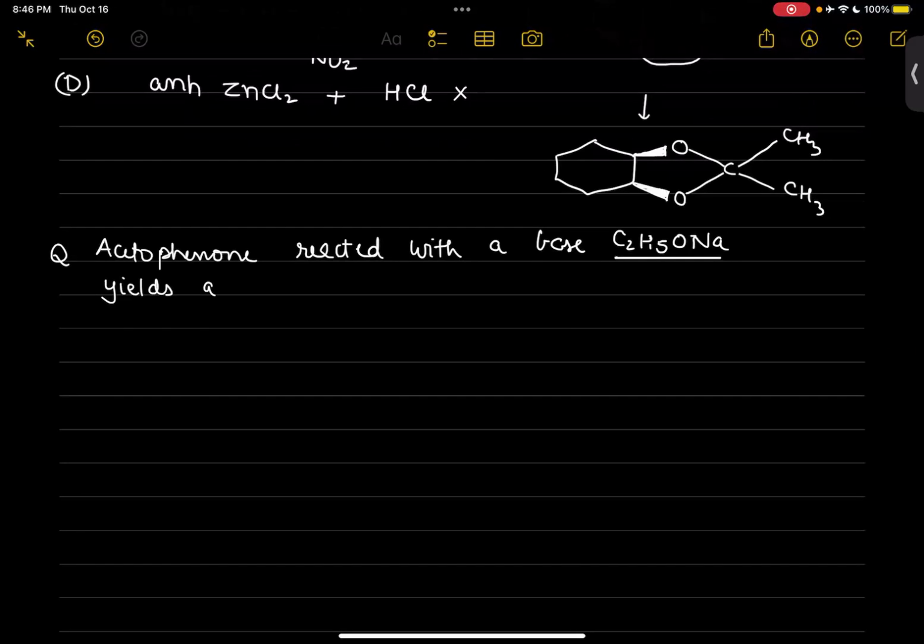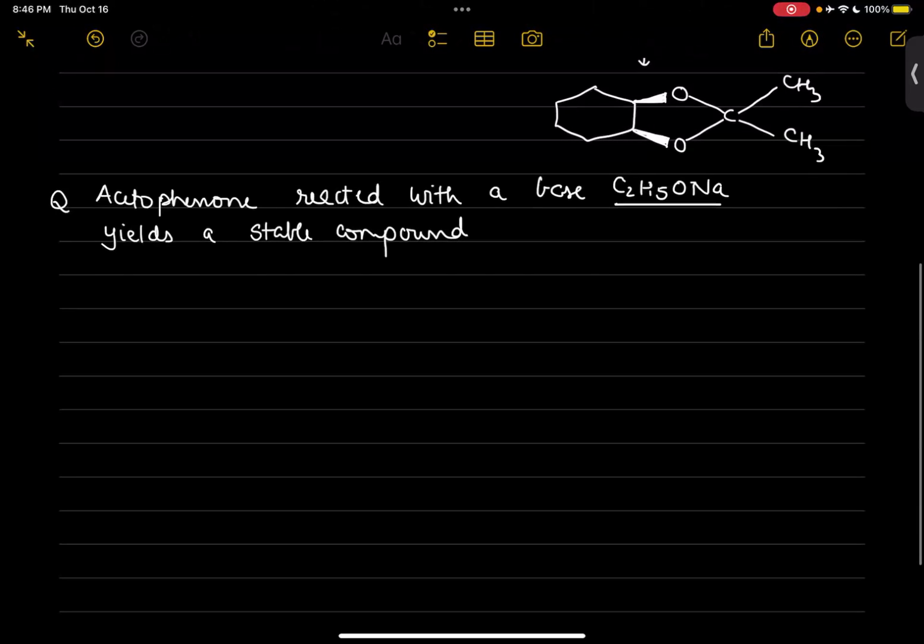So what is the structure of the compound? They are asking us for the compound. This is which reaction? A very, very easy reaction, and all of us can make it out. The options can help you figure out the answer more quickly.